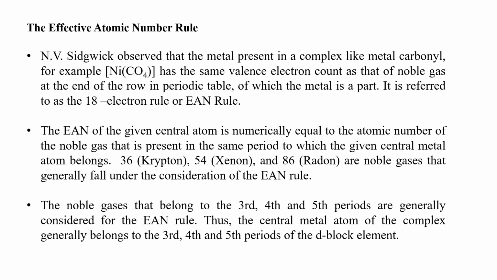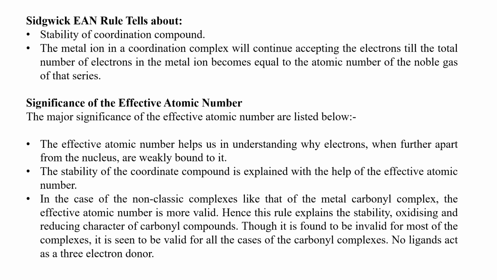So if you calculate the total number of electrons around the central metal atom in any coordination complex, and it obeys the effective atomic number rule, that means the number of electrons around the central metal atom is equal to the atomic number of the noble gas of that series, then we can say that particular complex obeys the effective atomic number rule. Okay. So Sidgwick's EAN rule tells about the stability of coordination compounds.